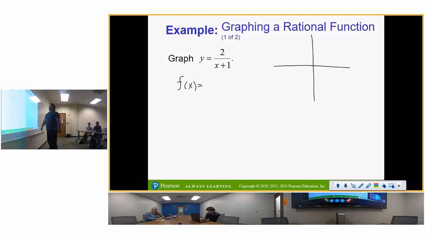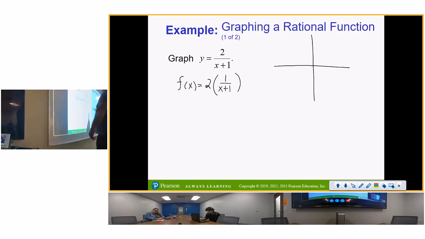All right. So I'm going to rewrite this. 2 parentheses 1 over what? x plus 1. So now, and we'll write plus 0 out here. Okay, so that means we've got a horizontal shift of 1 to the what? 1 to the left.